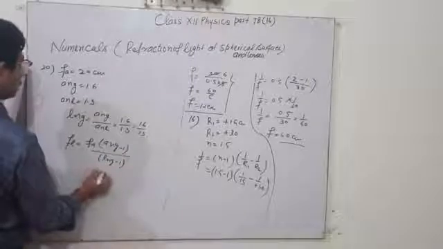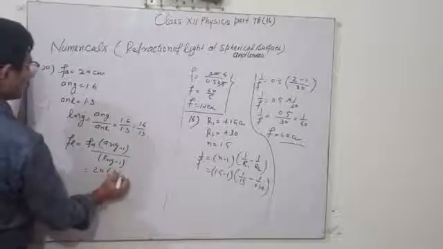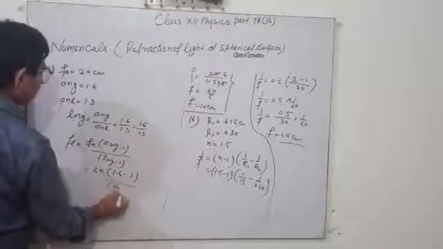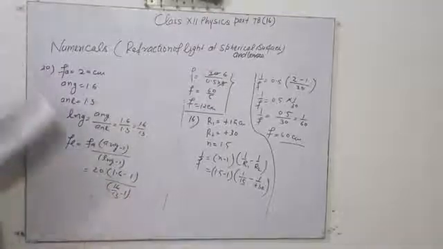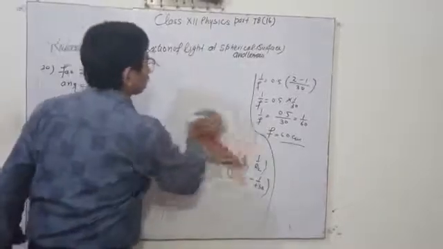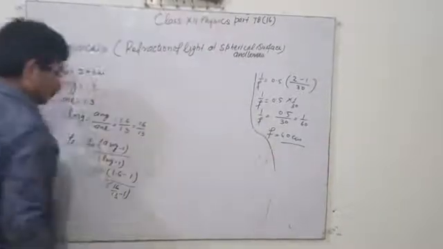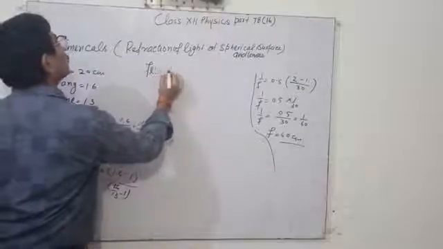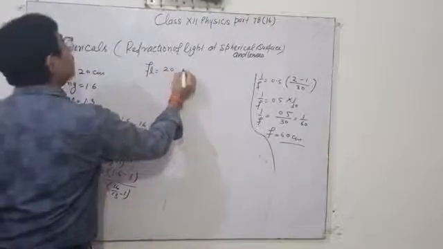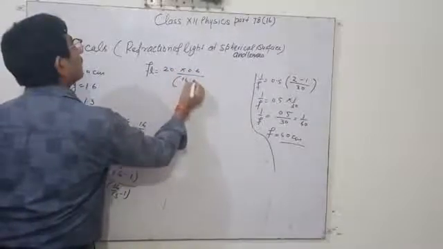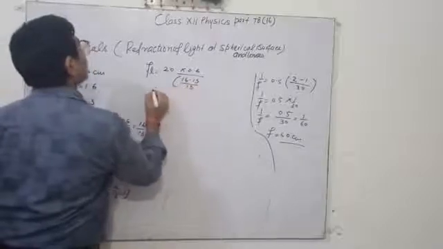Here, 20 into (1.6 minus 1) upon (16 by 13 minus 1). Now calculate this: FL equals 20 into 0.6 upon (16 minus 13) upon 13.